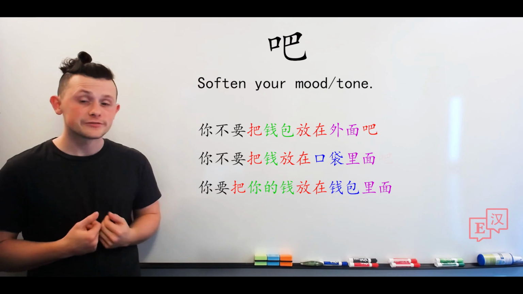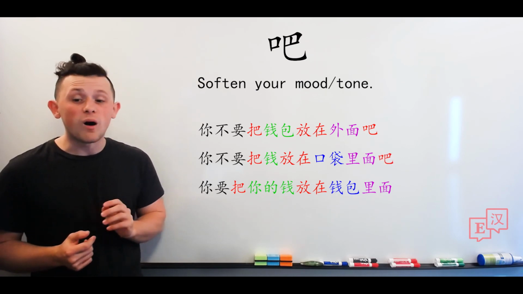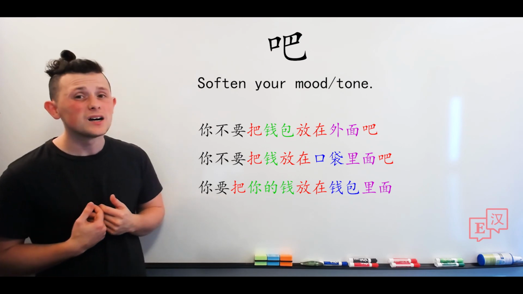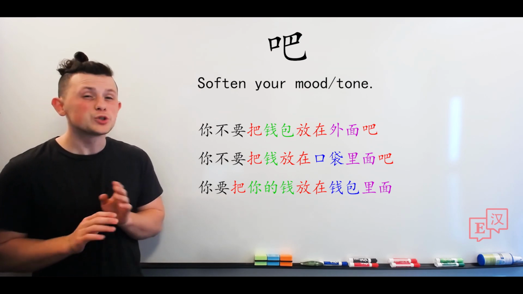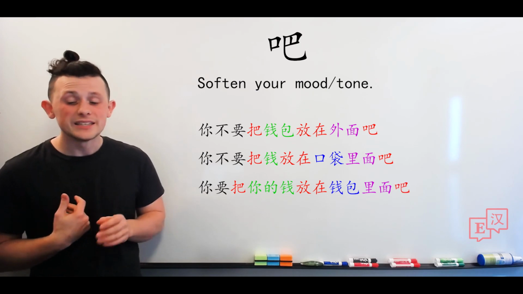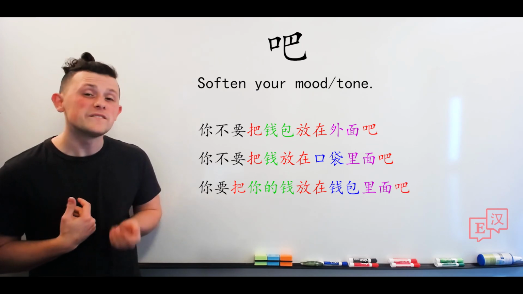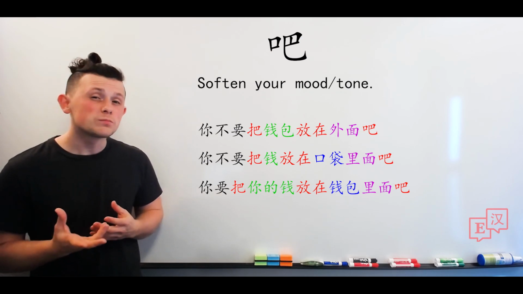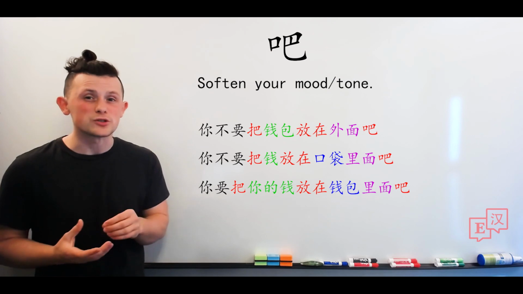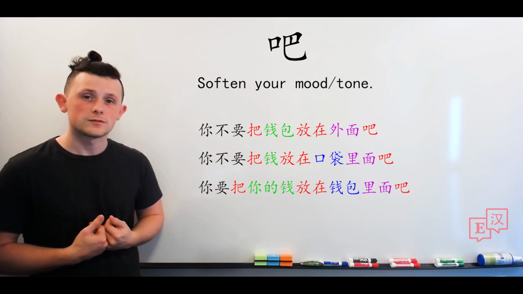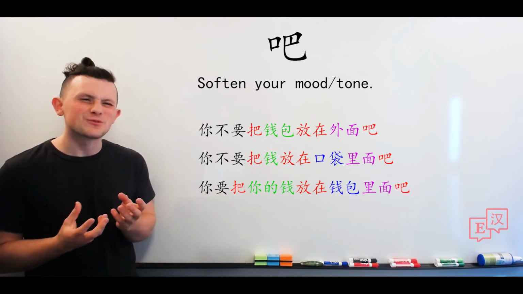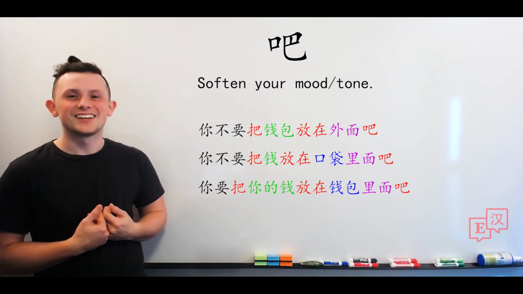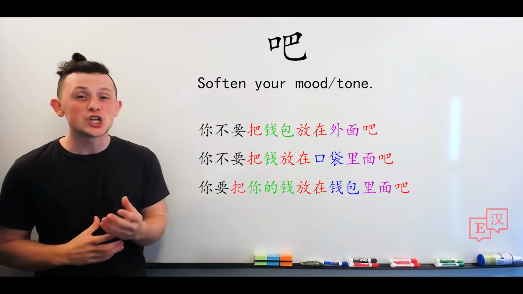Our other two examples. 你不要把钱放在口袋里面吧。You shouldn't put your money in your pocket. 你要把你的钱放在钱包里面吧。You should probably put your money in your purse or in your wallet. The ba often kind of creates this soft should, like I suggest. Again, softening the tone, making a suggestion rather than a command.